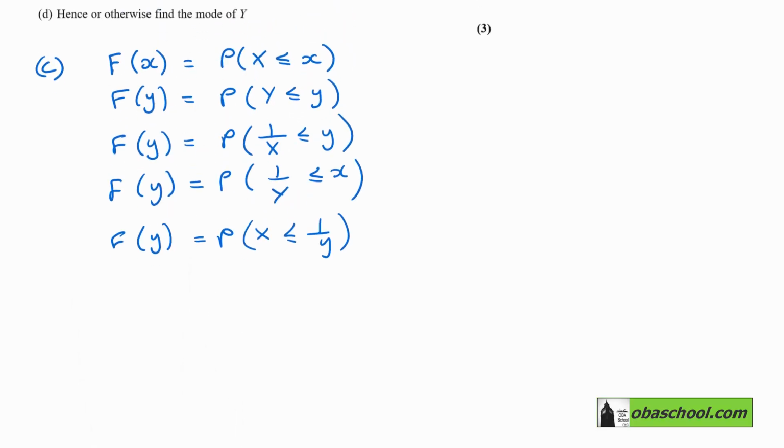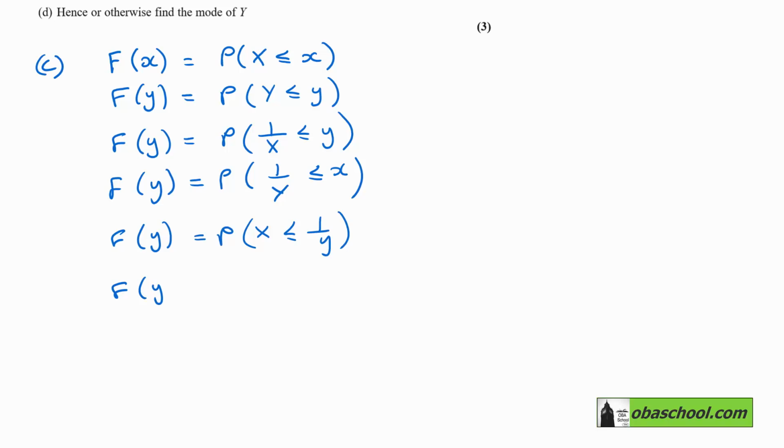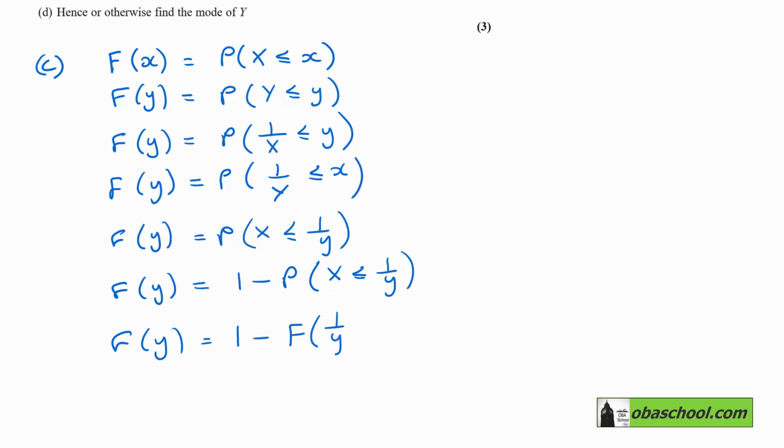And that means that F(y) is 1 take away the probability of X being less than or equal to 1 over y. And that is 1 take away F(1 over y).